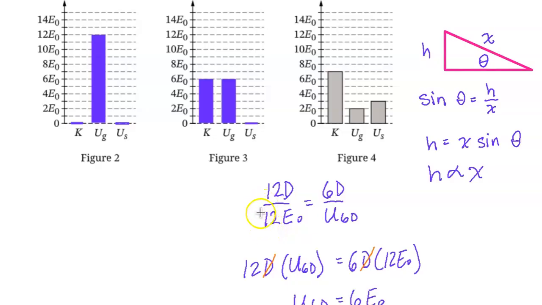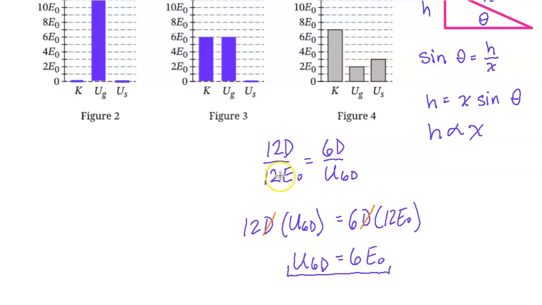And at the top of the ramp, it has 12 e naught of energy. We figured this out when we were drawing the graph for Figure 2. And we're going to set this equal to 6d, which is the location that we're trying to figure out the gravitational potential energy of. And then on the bottom here is the gravitational potential energy at 6d.